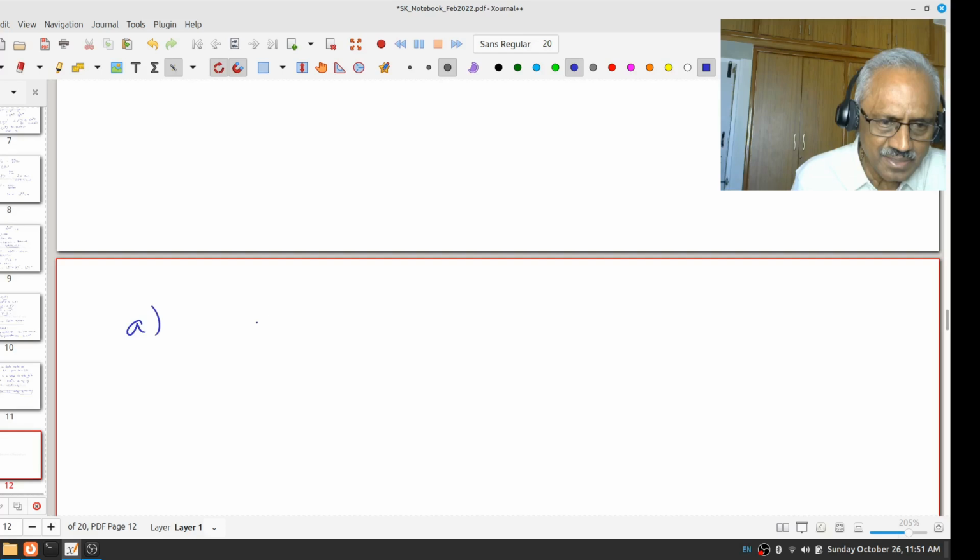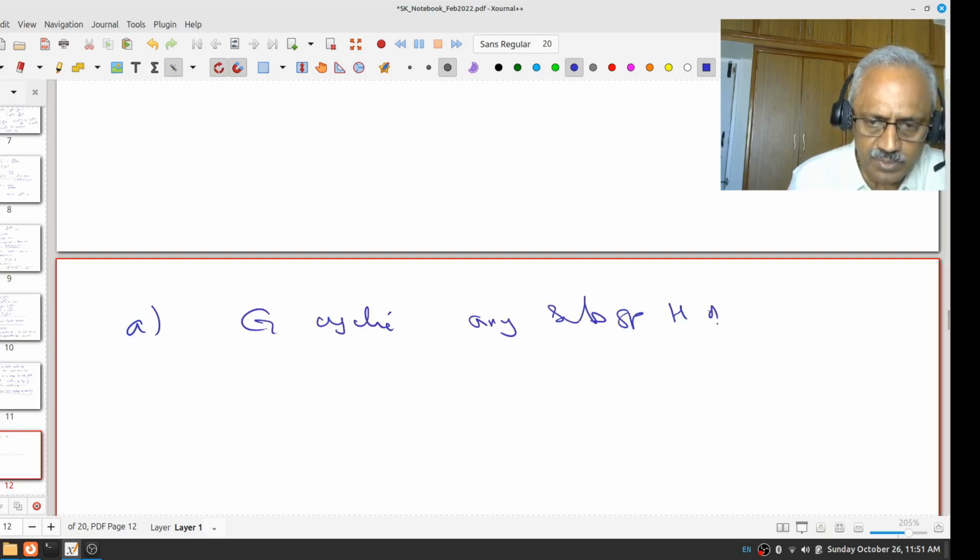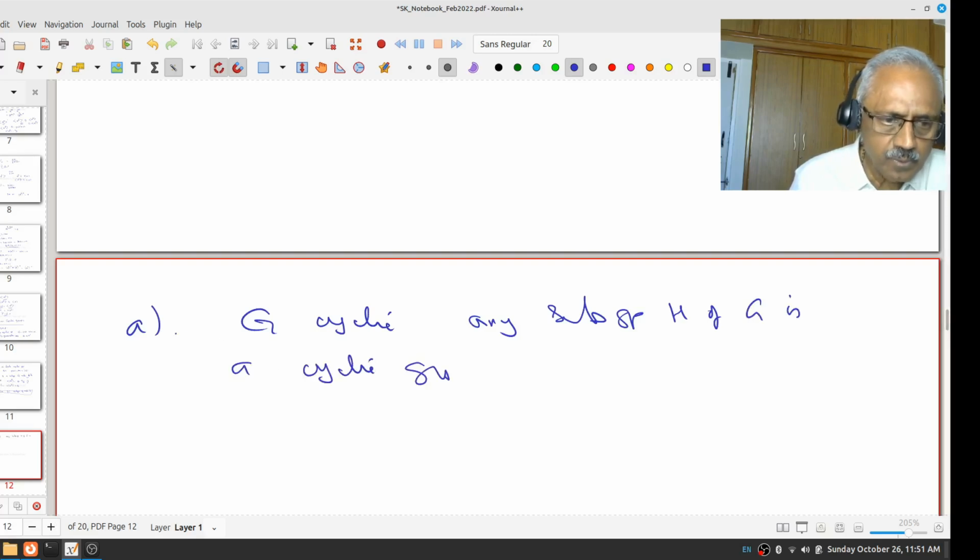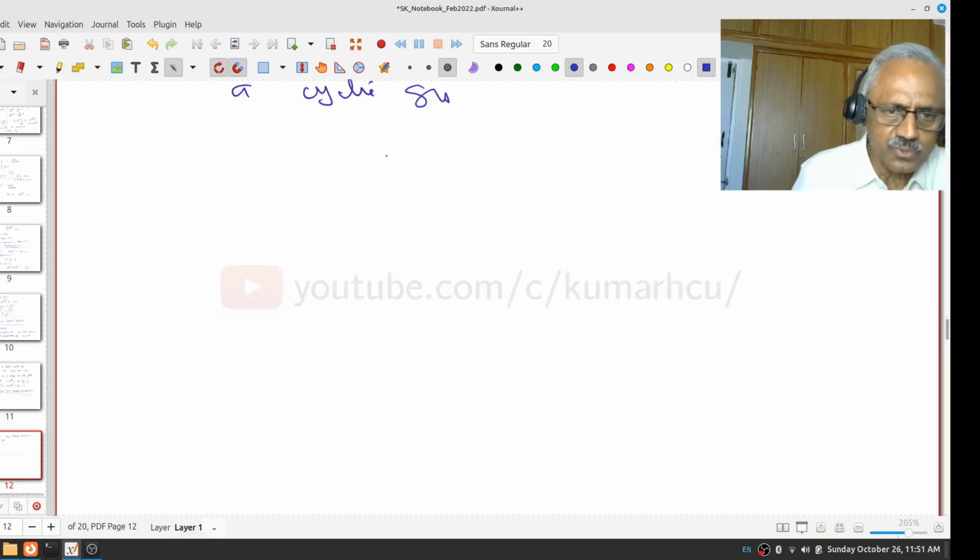That is, if G is cyclic, any subgroup H of G is a cyclic group. So this may be a cyclic group which is infinite or finite. So sorry for the goofing. Let me state this as a separate theorem.